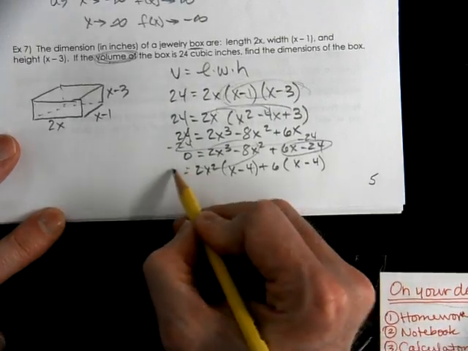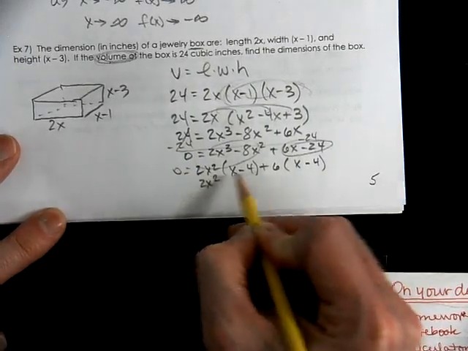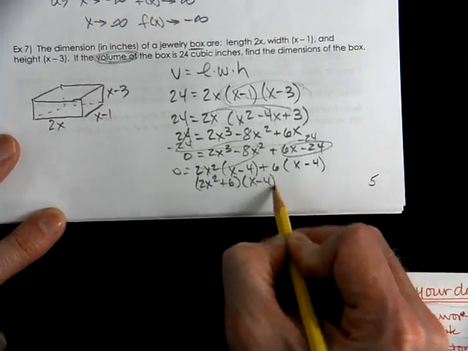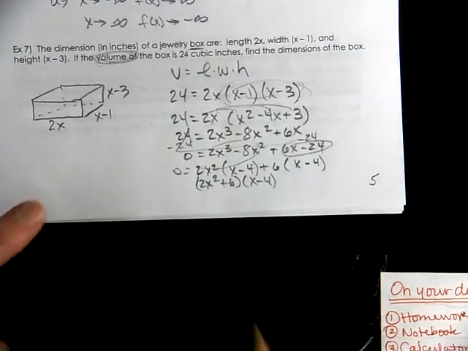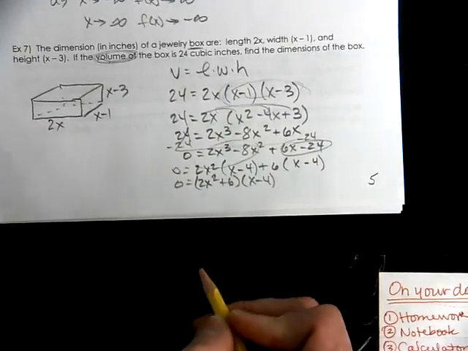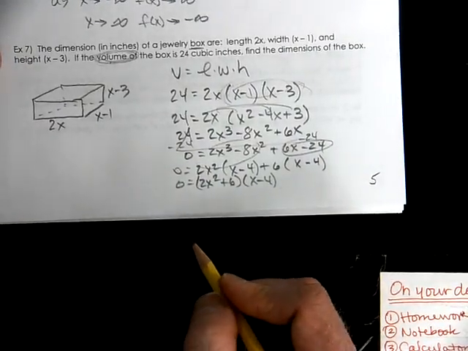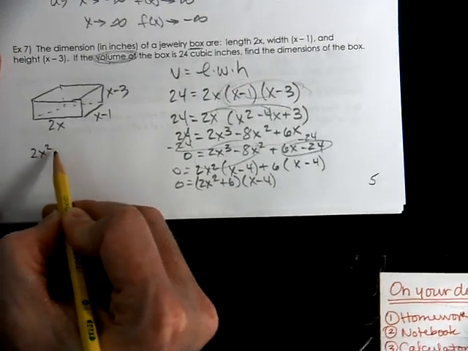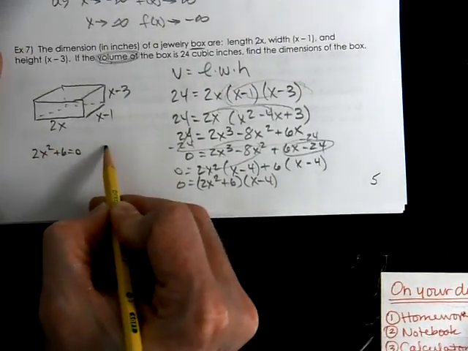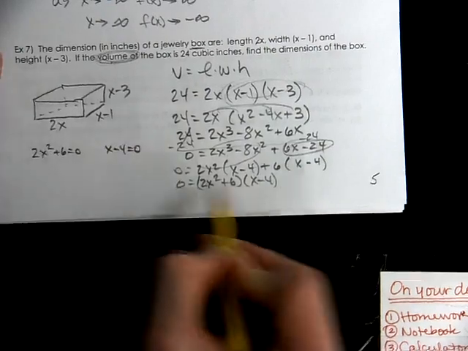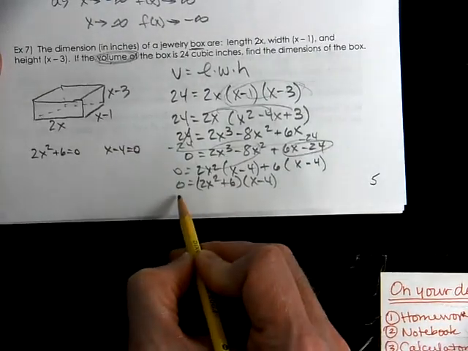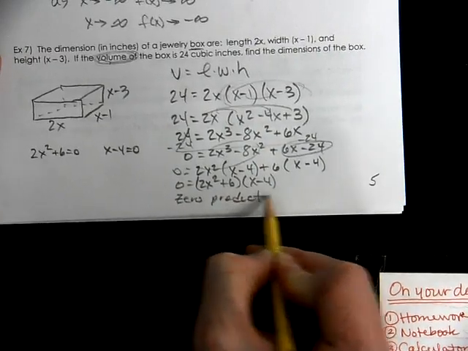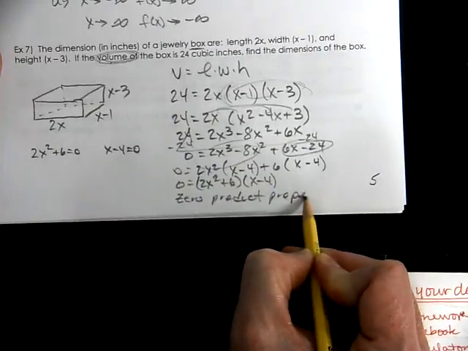So we have 2x squared plus 6 and x minus 4. We're going to set each of these equal to 0. So 2x squared plus 6 equals 0, and x minus 4 equals 0, because we're using the zero product property.